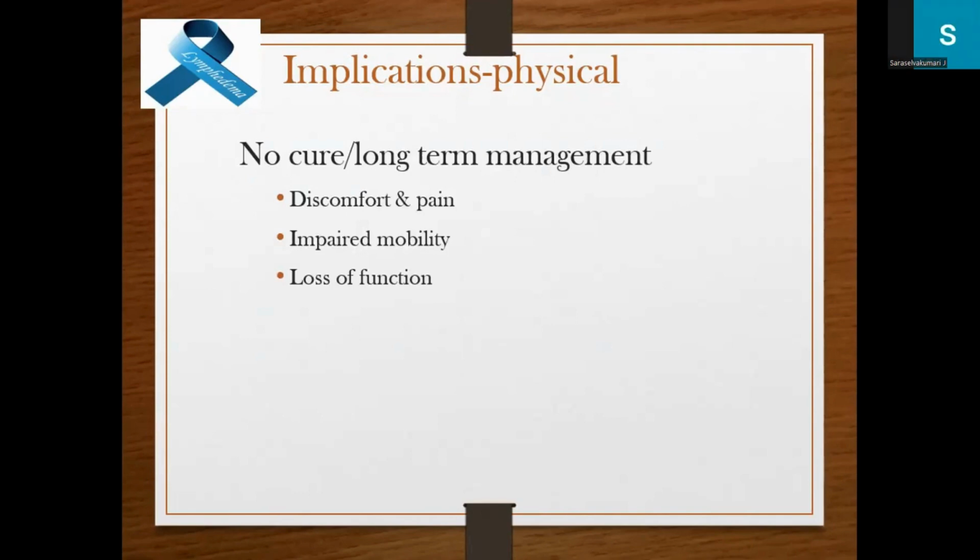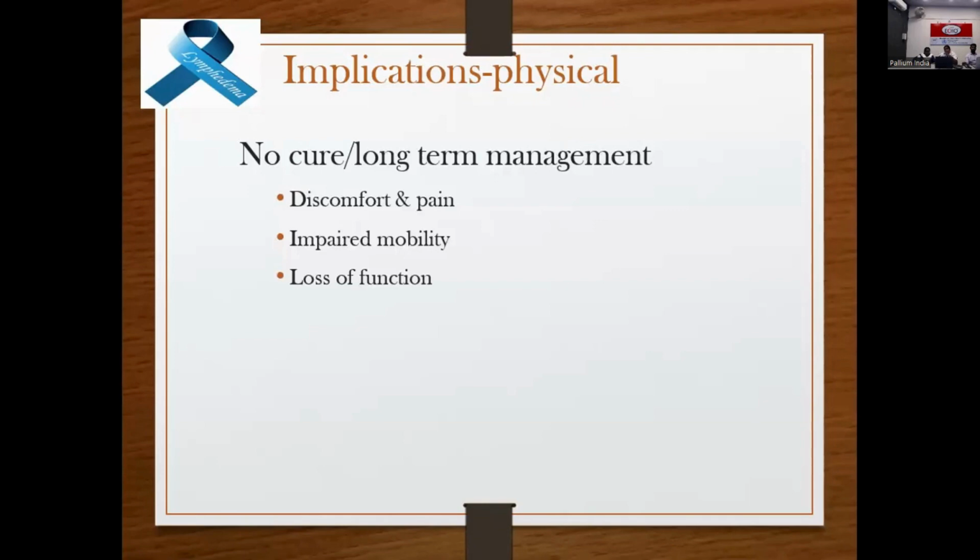Pain, discomfort, impaired mobility, and loss of function. Swelling, heaviness. Other than that, pain will be there. Due to pain, there is some discomfort. Already told, heaviness will be there. The huge edema means there is more weight due to this edema.